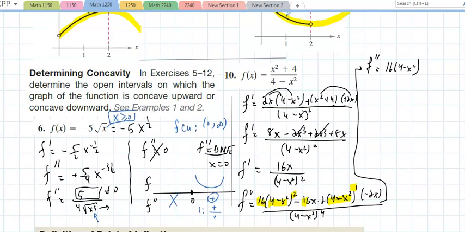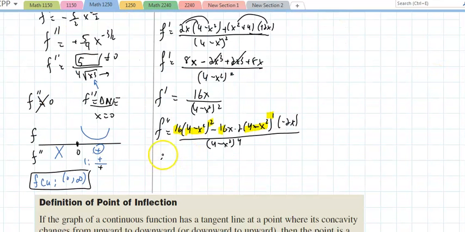What that leaves me with, out of the first, that will leave me with, you know what, there's not enough space, let me fix this. So I'm going to continue this here. Again, all I did was I moved some of those down. 16 into 4 minus x squared times. Out of this term, I'll have 4 minus x squared left.